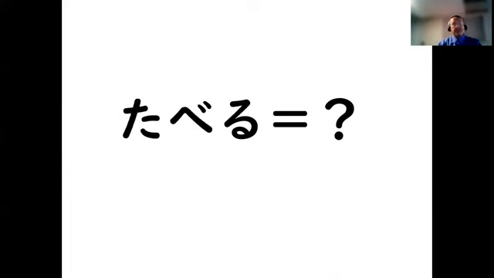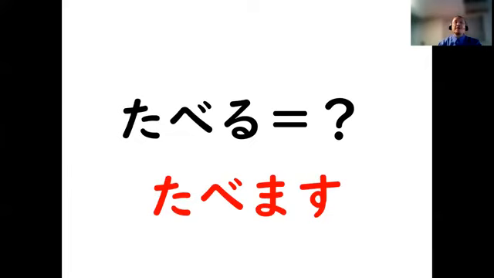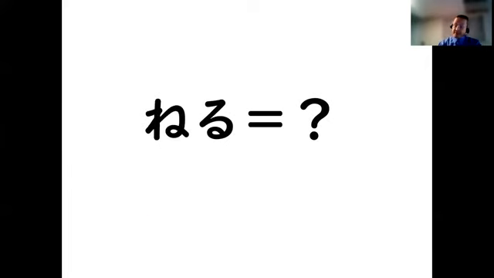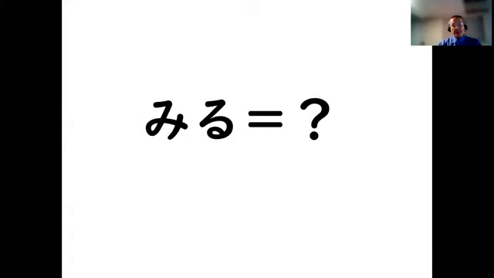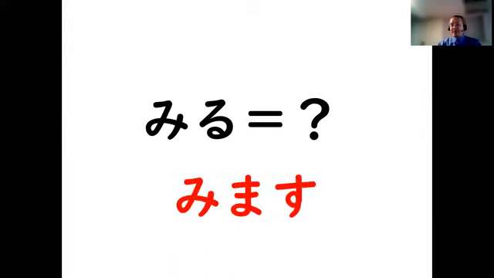Taberu, you saw it earlier, tabemasu. Neru, nemasu. Right, yes. Miru, you might not remember the meaning of this word, but you don't need to know the meaning. That's the beauty part of the grammar. You don't need to know the meaning of the word. You can conjugate.